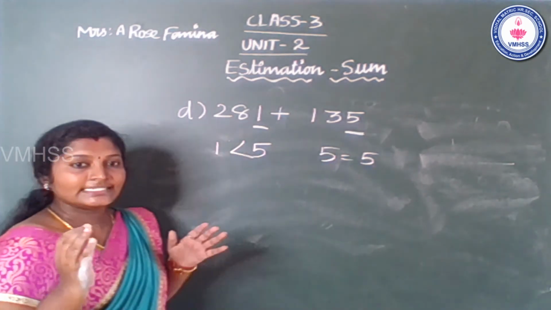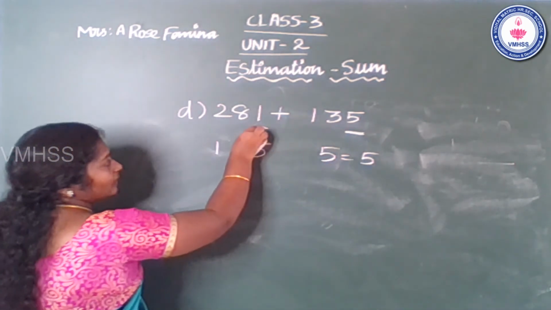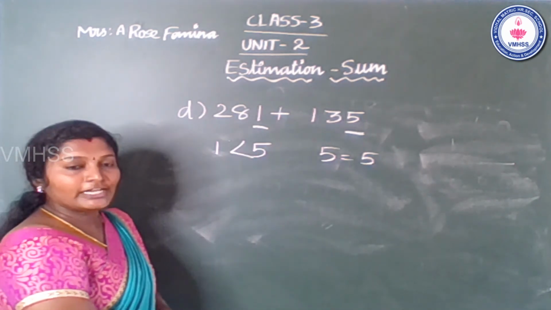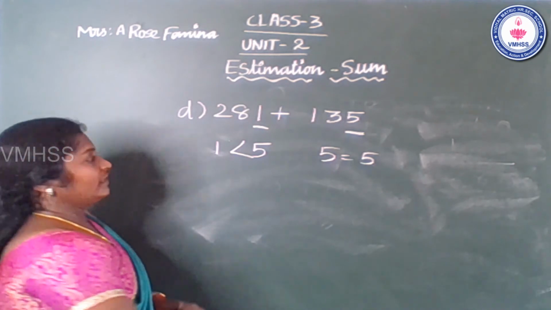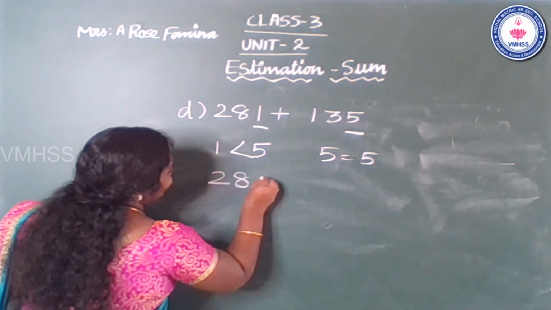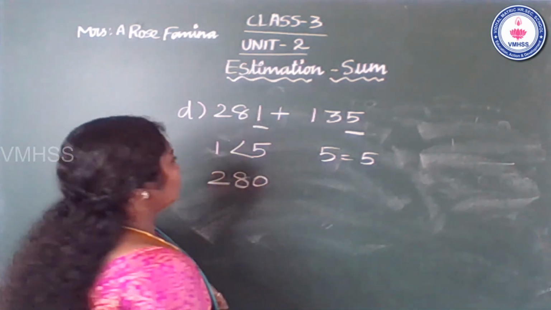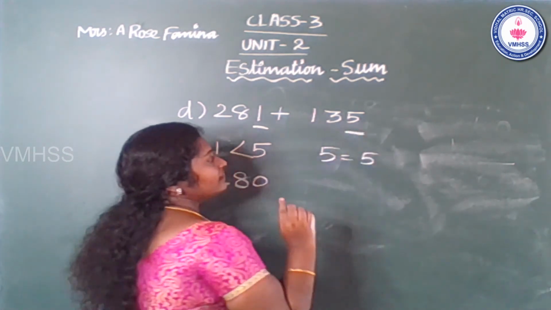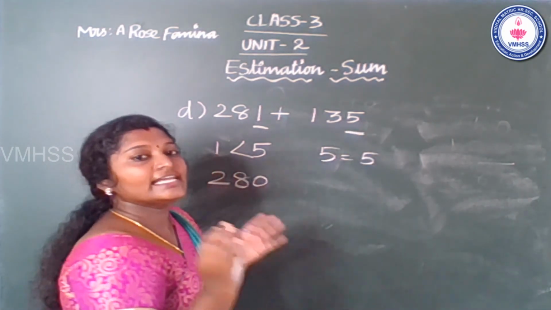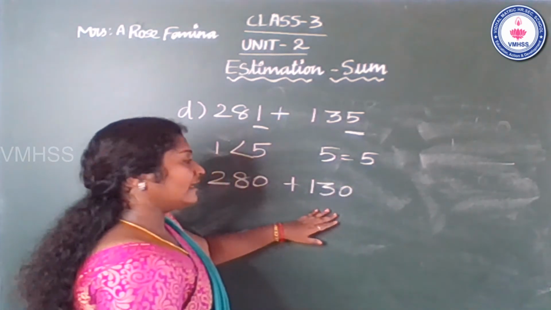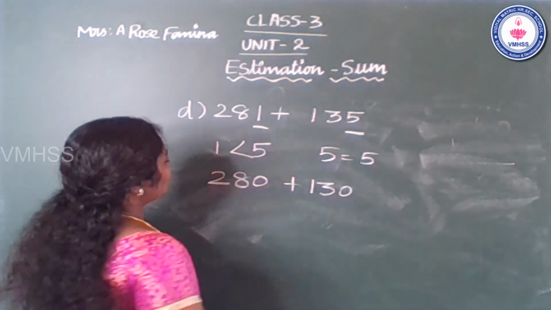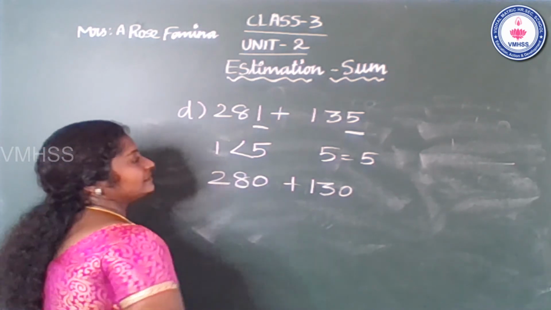So nearest 10, 281: which is the correct value, 280 or 290? Very good, 280. Then 135, the nearest number is 130. 140 is also correct.